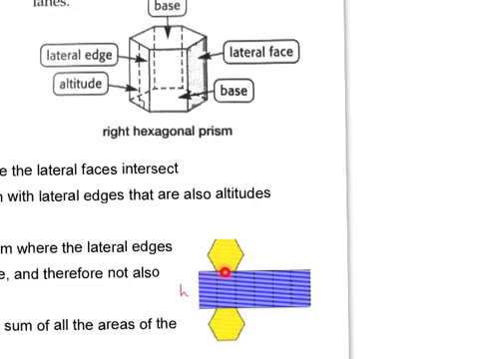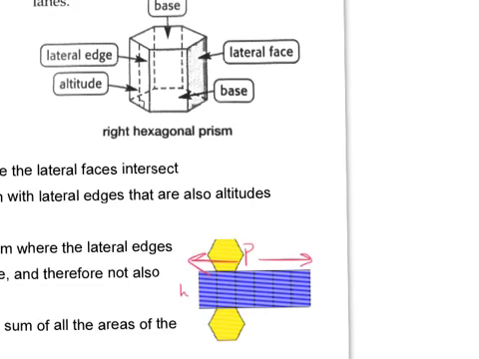But what is this distance here? Well, this distance along here should line up perfectly with all the edges of this hexagon. That means that this distance here is actually equal to the perimeter of that base. So we would say perimeter is this distance here, because it's the perimeter of that base.